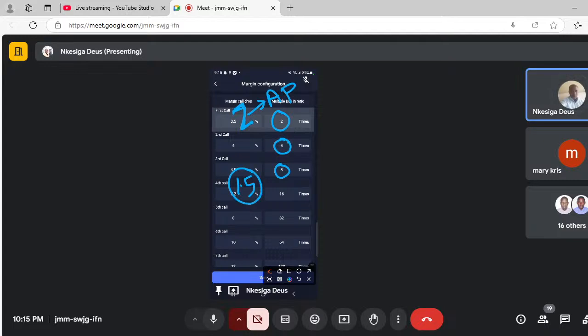The 4 times will help you to bring this one average price closer to the current price. You had bought a coin at $2, but by using this method of doubling when you are buying, it is helping you to reduce the average price closer to the current price.